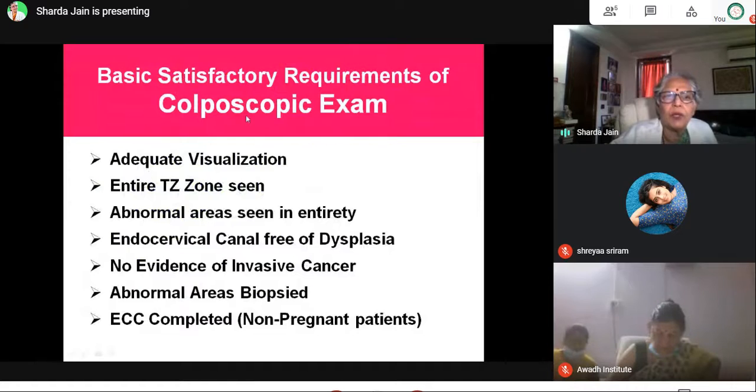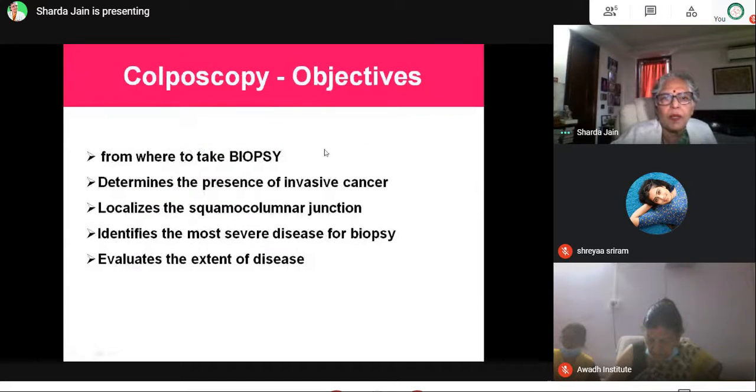I told you adequate colposcopy means adequate visualization, when you can see the whole cervix, the entire transformation zone, and part of the endocervix. So the objective of colposcopy is where to take a biopsy. Our job in a given case is to determine whether there is invasive cancer or not, and to identify where the disease is.